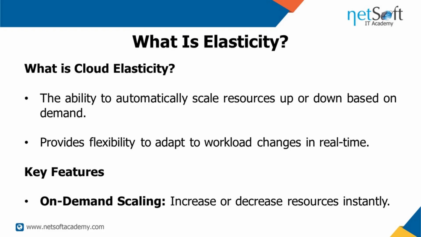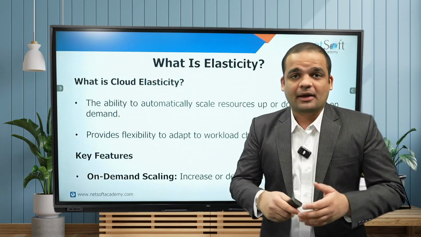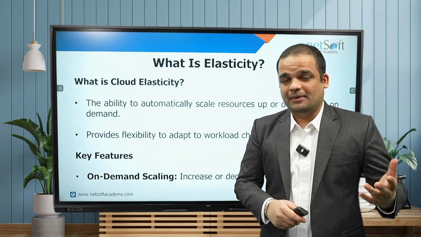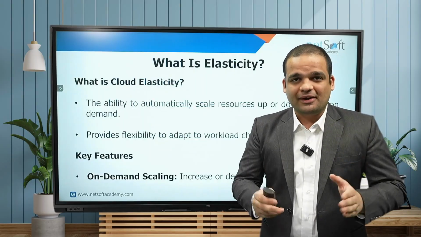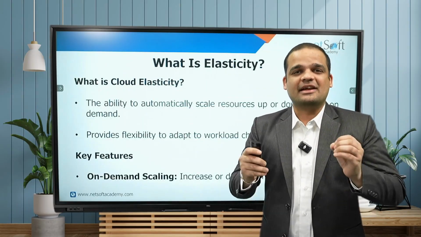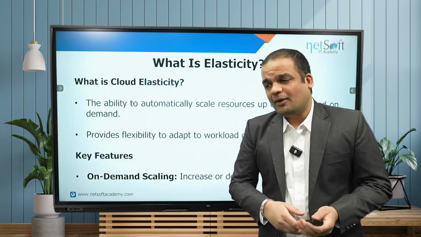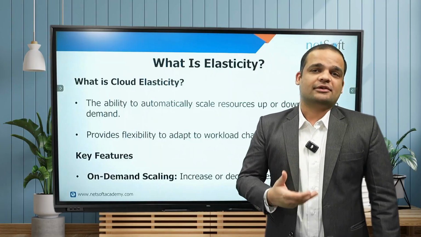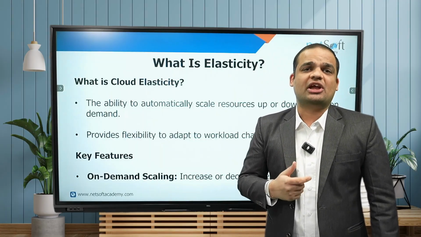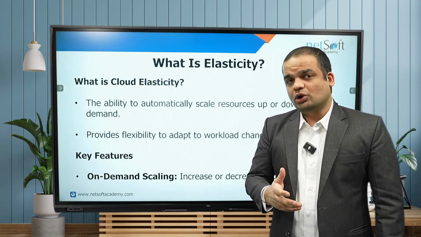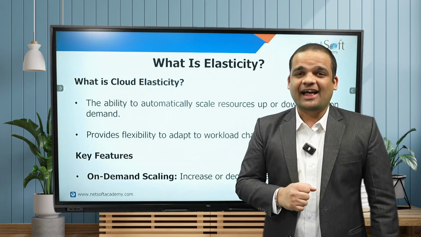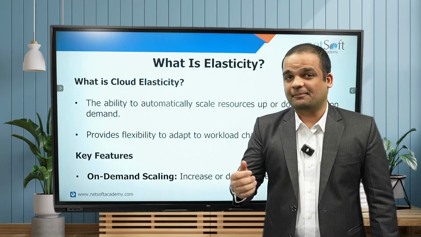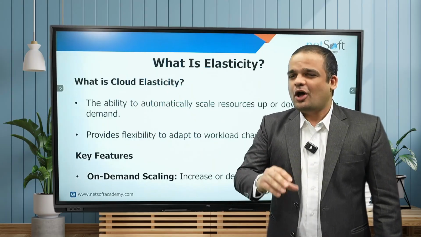This spike can be for a small time. It can also be predicted, but nevertheless, it should be done with the demand. Now, it enables cloud services to quickly adapt to changes in workload, ensuring optimal performance and cost efficiency in real time, or at least almost real time.